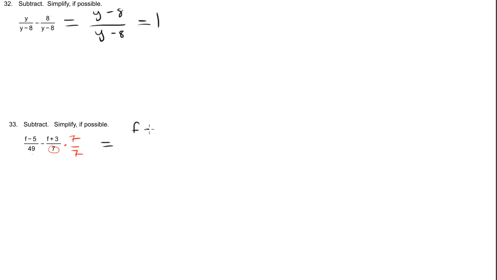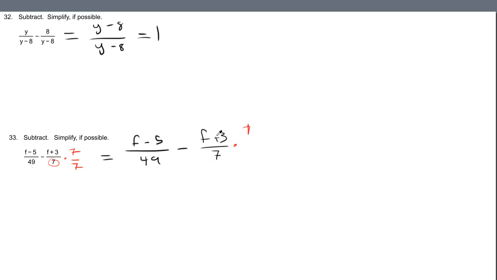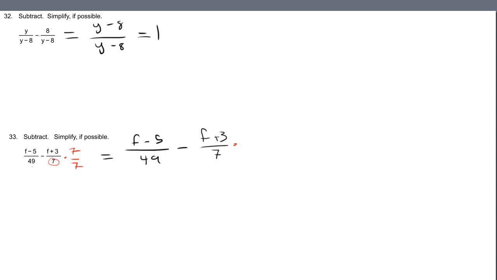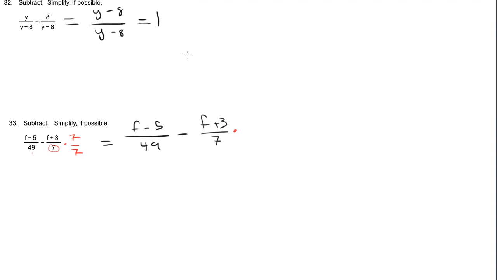So we've got f minus 5 over 49 minus, this is f plus 3 over 7, times 7 over 7, and that's going to get us f minus 5 over 49 minus 7f plus 21 over 49.